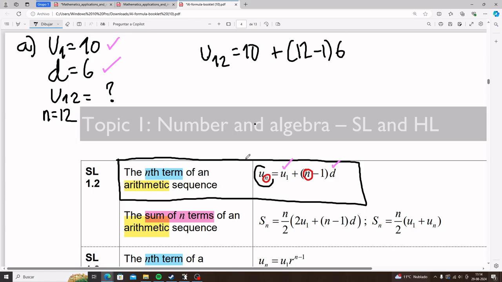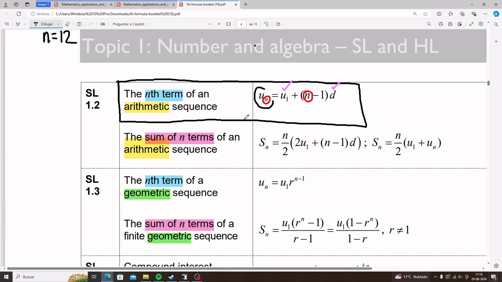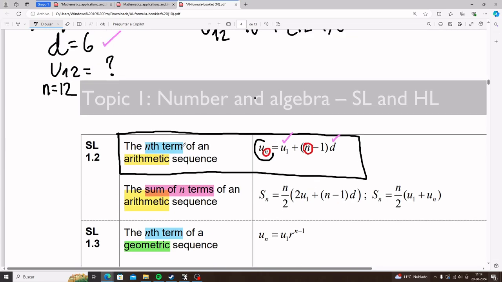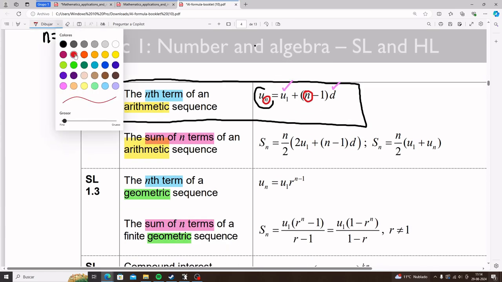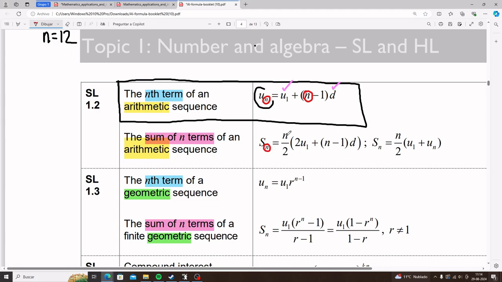And so the main message, and this is something that will show up all along this exercise, is that you define what n is. Okay, the nth term, you define n. And wherever you define n, you gotta change it all over. This will happen on all my equations. This n here will be that n there, that n here, this one, this one, this one.